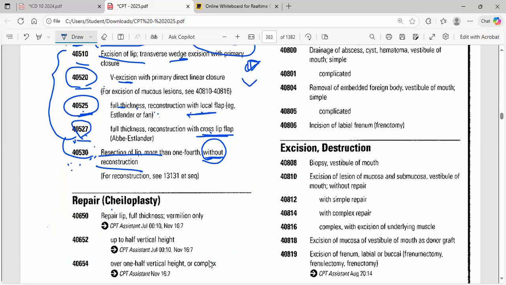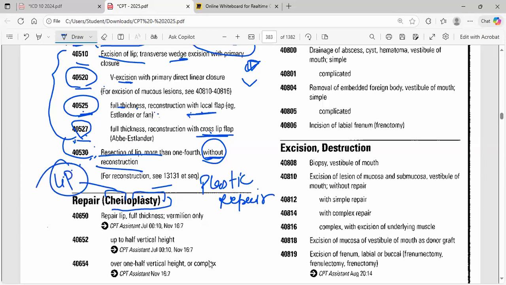Next section we have is for the cheiloplasty. Whenever there is the suffix plasty, plasty means plastic repair, and cheilo means lip. So when there is a plastic surgery of lip, that is cheiloplasty.